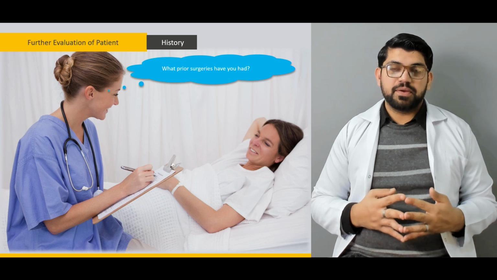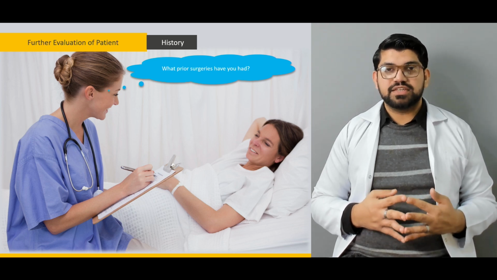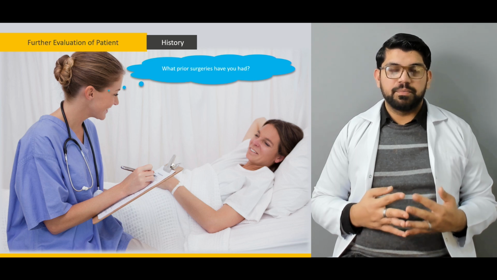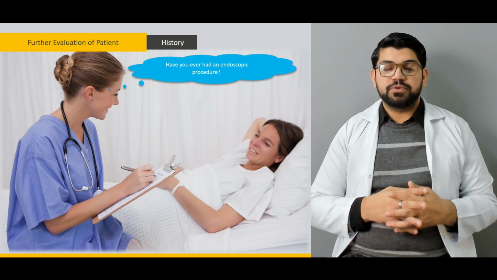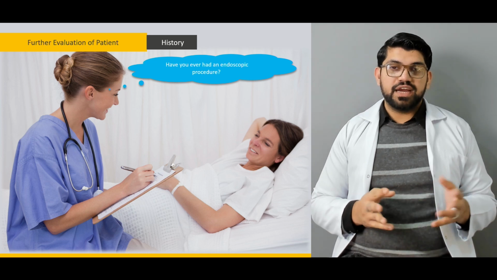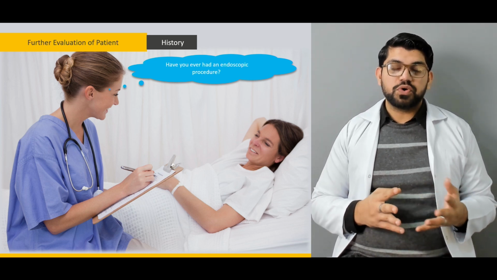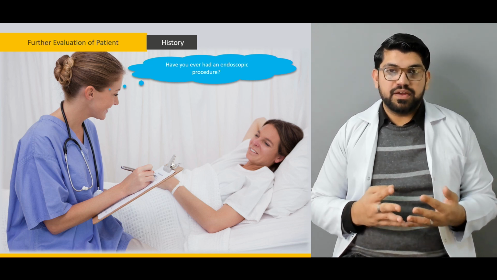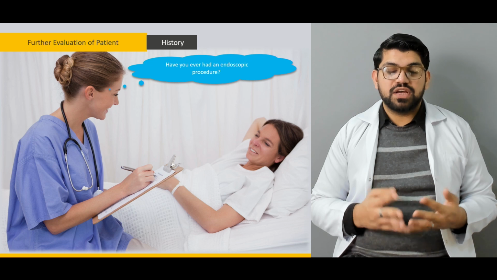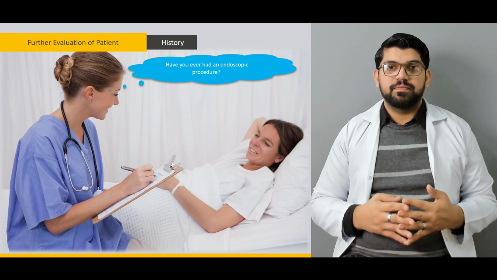So these are very important history points that need to be asked in a patient who is stable but with GI bleed. Any endoscopic procedure before? Were there any signs of erosions or ulcers or bleeding before? And if there were, what was done with that problem?